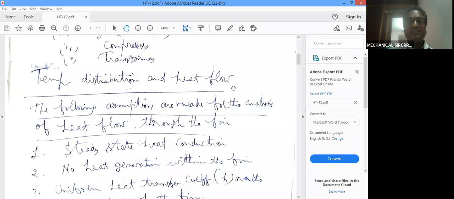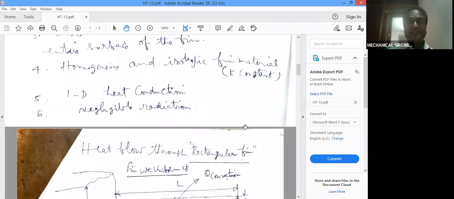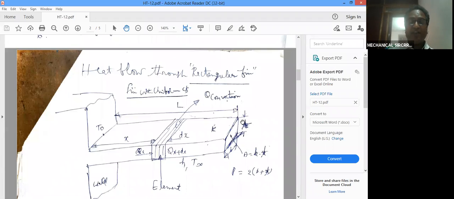Surface area. You can increase the surface area. If you increase the surface area, then heat transfer rate can be increased. But how to increase the surface area? By providing fins, a number of fins. If you observe your motorcycle engine, all of you observe the motorcycle engine.